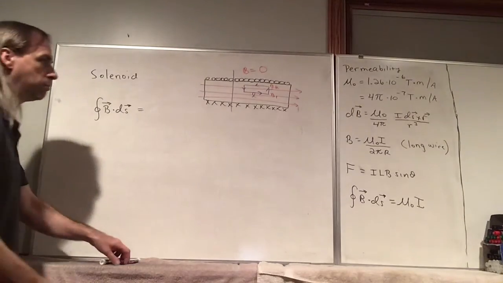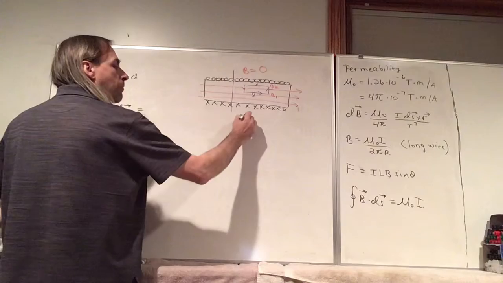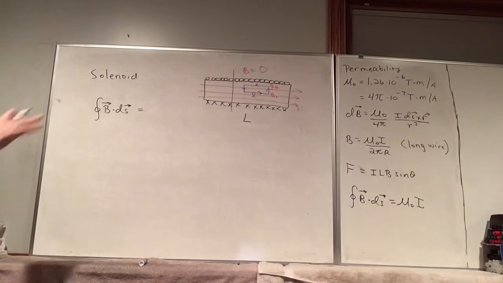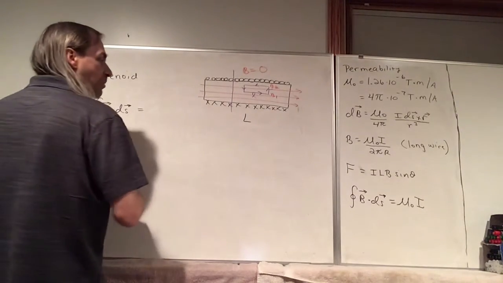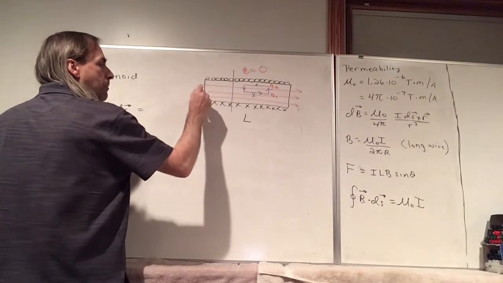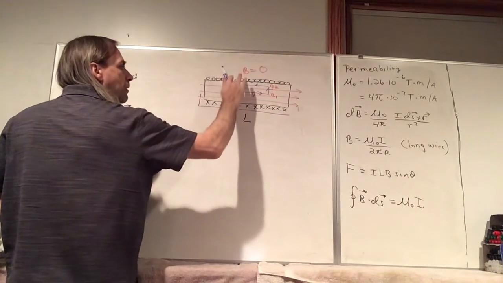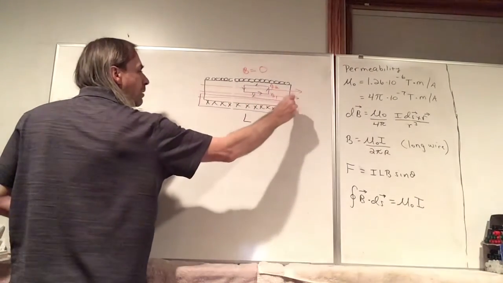And so, let's say our solenoid has a length L. Now, an important property is the number of, let's just leave it like that for now. Our solenoid has a length L. And I'm going to draw a loop like this. Yeah, get rid of this one. We don't need that anymore. So let's draw a loop like this.